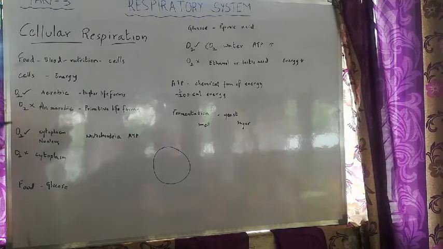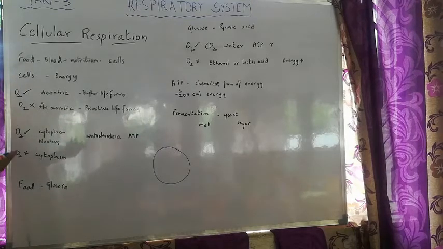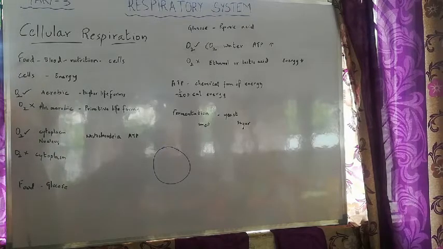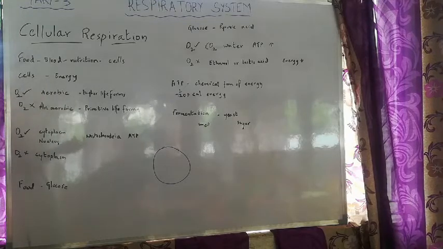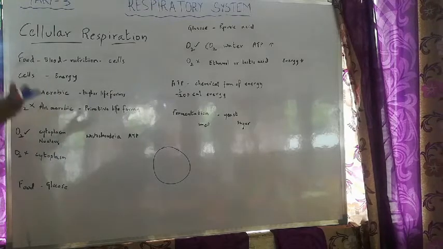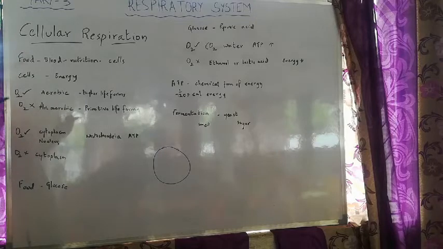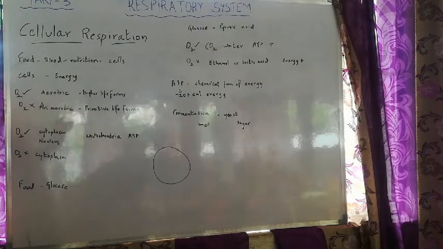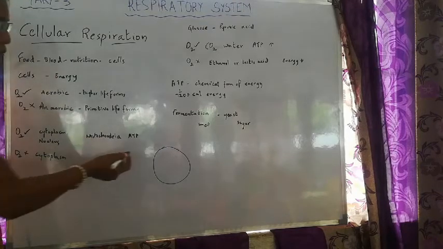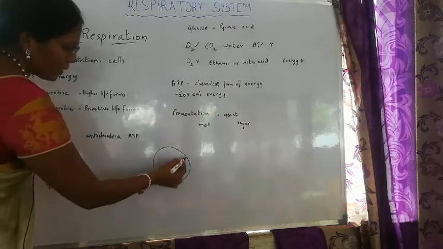In the same way, different types of cells, the cells of eye, they help in vision. The cells which are present in our vocal cords help me to talk. So different activity, right? So they provide energy for that organ. So energy for that organ is supplied from the cells that are present in that organ, right? So it is a basic unit of life.